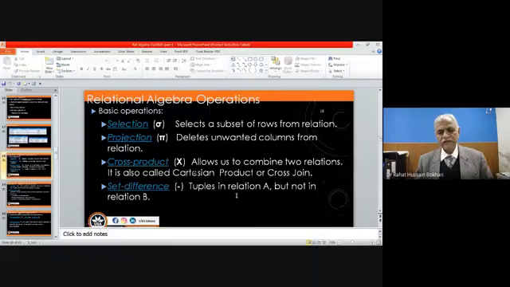So we can say A minus B. If you concentrate on this definition, you can infer that A minus B is never equal to B minus A. I will also give you an example to demonstrate that.